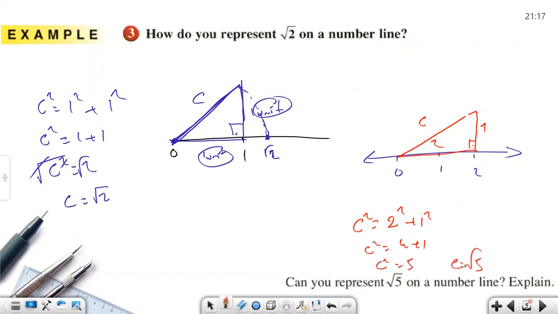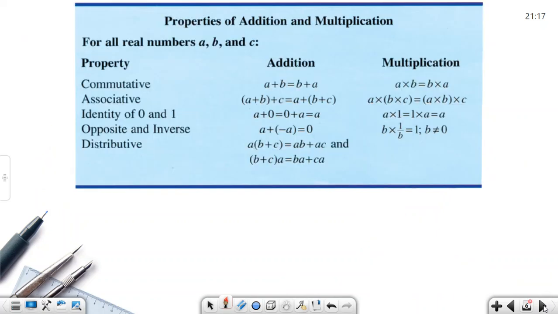C equals square root of 5. So the length of this line is square root of 5, and it's going to be someplace here. If you rotate it, it's going to fall someplace here. So this is square root of 5. You can show this method for irrational numbers, or root numbers, as we can call them.